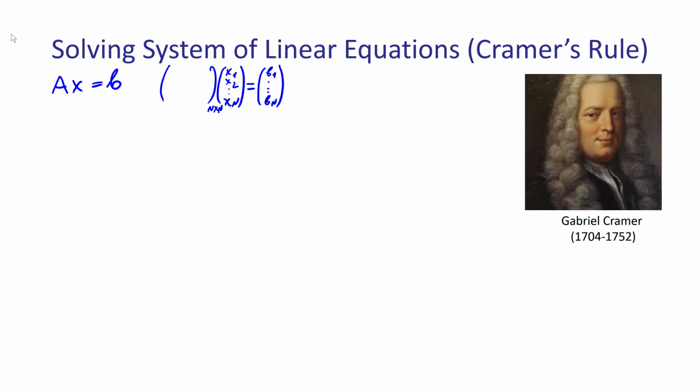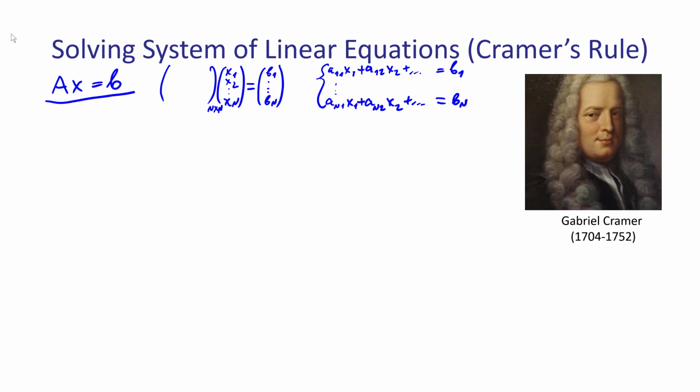And you know that this is also equivalent to a11 multiplied by x1 plus a12 multiplied by x2 plus and so on equals b1. And then you have n equations of that kind, up to an1 x1 plus an2 x2 plus and so on equals bn. So all of those representations are completely equivalent.